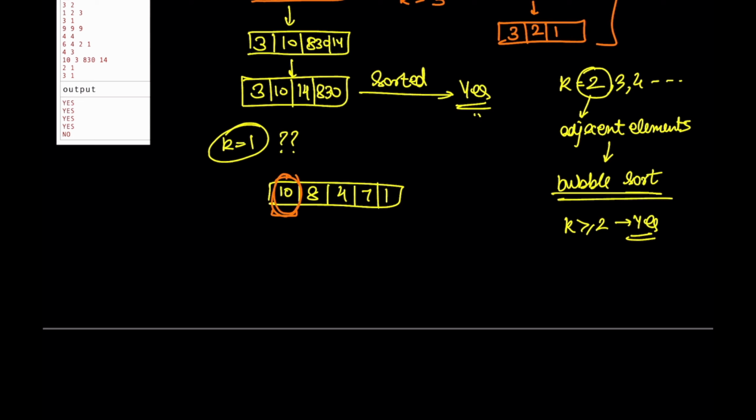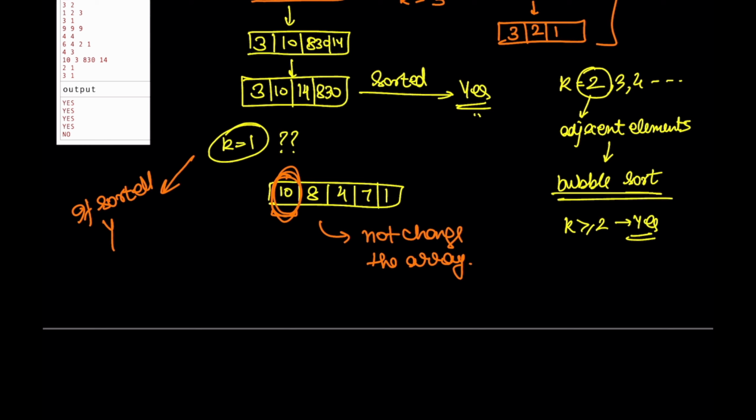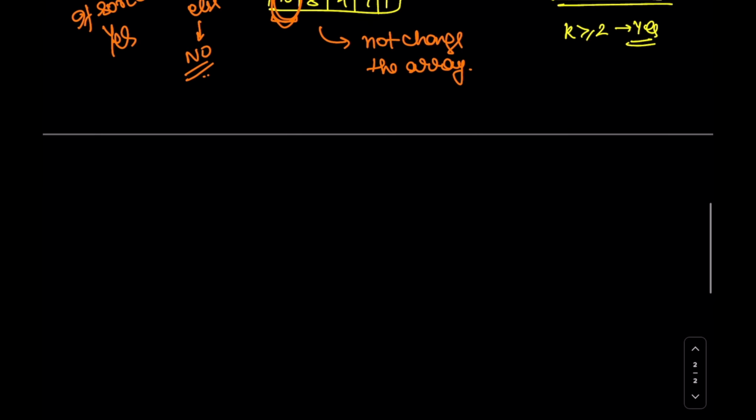So I can reverse this, but reversing a single element will not change the array. That means if k is 1, if it is already sorted, then the answer is yes, else the answer is going to be no. So this is all we need to do in this question.